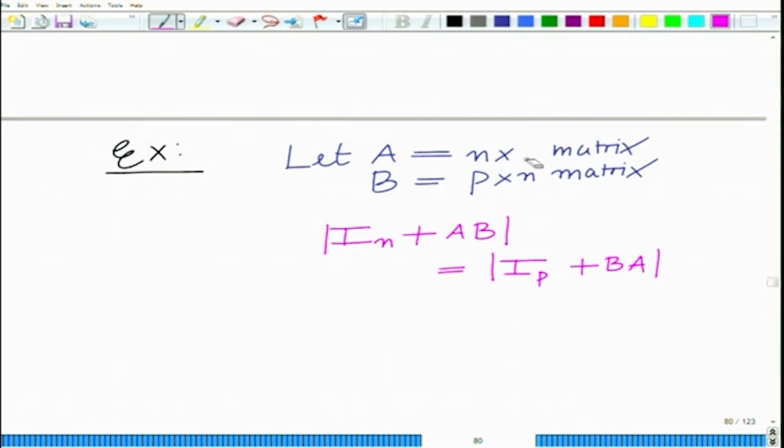Let us make this an n cross m matrix. I think that will make life much simpler. So, this B is an m cross n matrix, naturally, if you are multiplying, they have to have dimensions that match up.